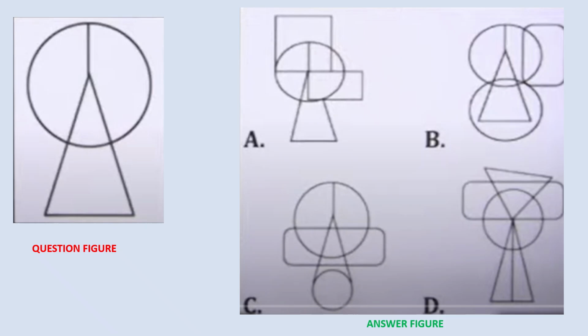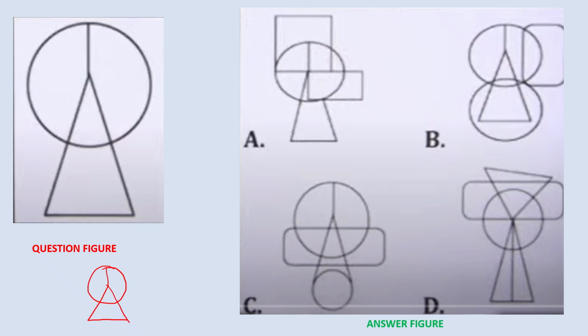So you have a question figure here and an answer figure, where it is mentioned in the question that rotation is not allowed. You have a circle here and a triangle here. This is the question figure.